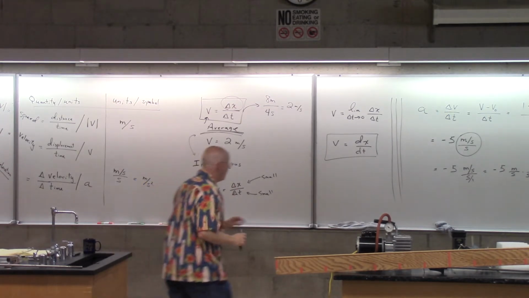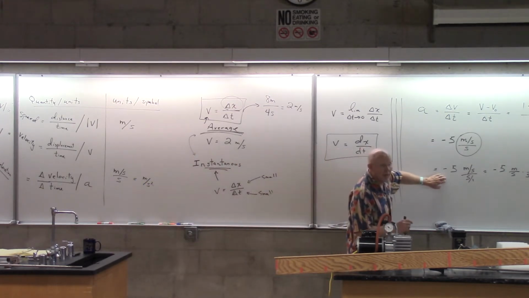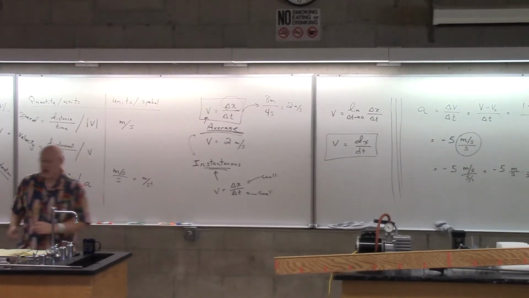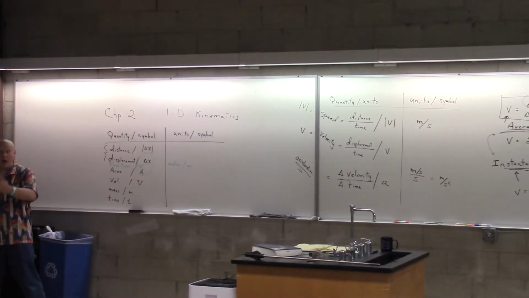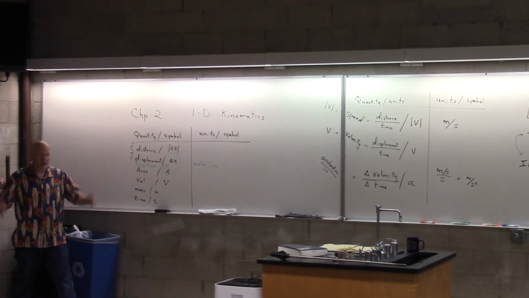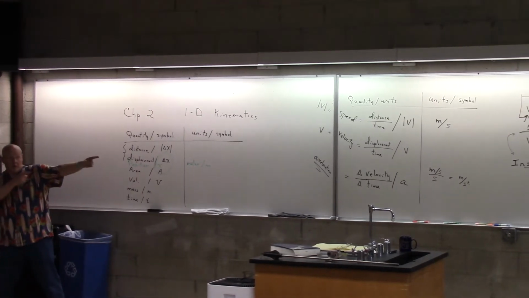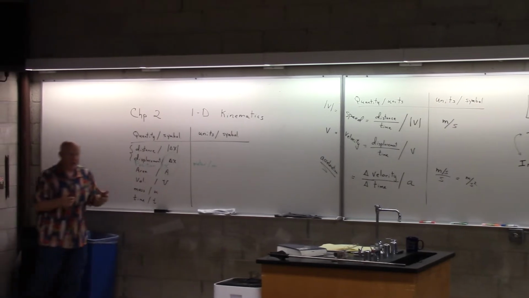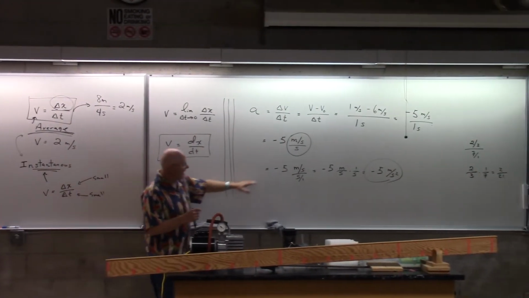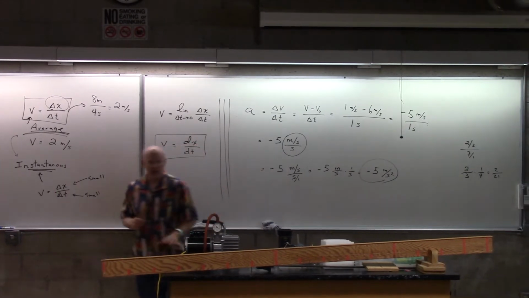I'll try one more here. I'll take this same number, but let's just say instead of me starting at 6, let's say I was going really fast and I was way over here and I was going 30. But I have an acceleration of a negative 5 meters per second each second.